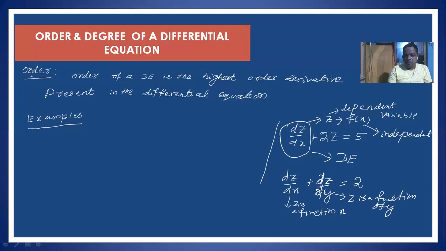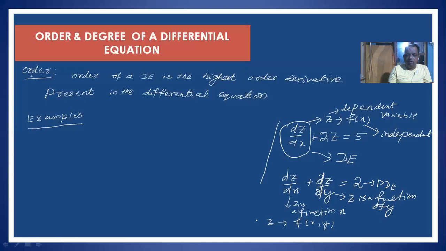That means z is a function of two variables, x and y. So this equation is called a PDE, partial differential equation. Though the differential operator d by dx is used, it is called a partial differential equation because z is a function of two independent variables.